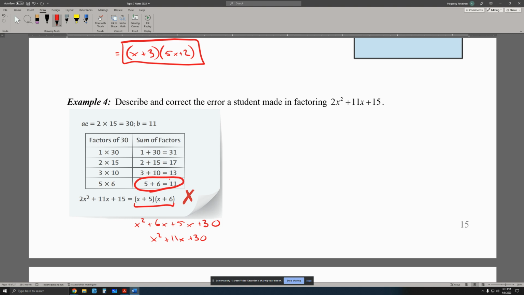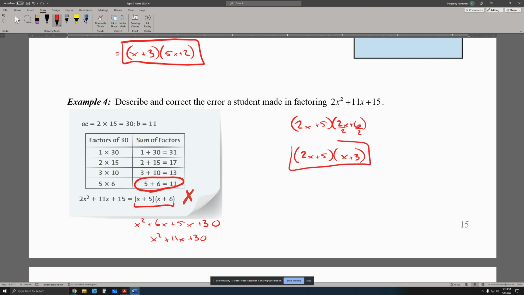So let's try and factor this on our own and see where the student went wrong. So we found, again, that factor pair is 5 and 6. So we have 2x plus 5, 2x plus 6, and then dividing out the GCF from the second grouping, GCF is 2, we get 2x plus 5, and then x plus 3.